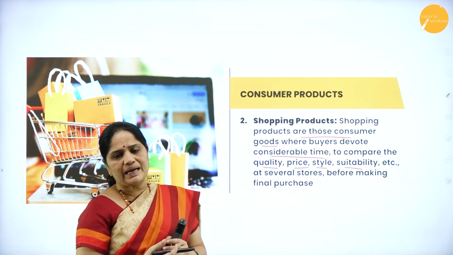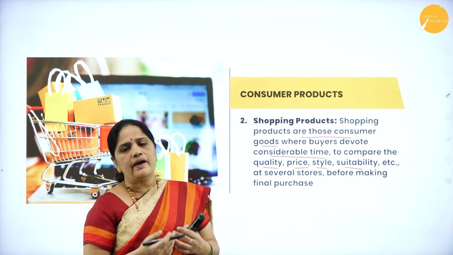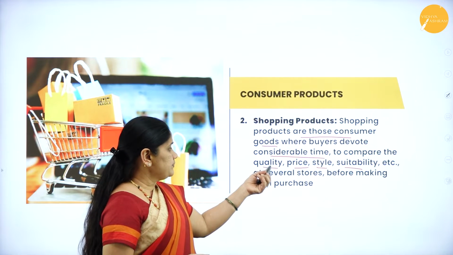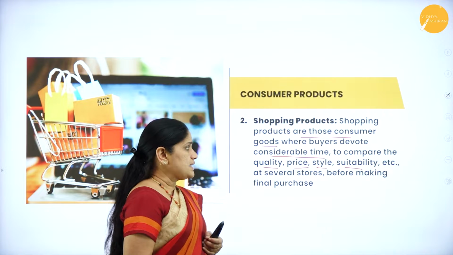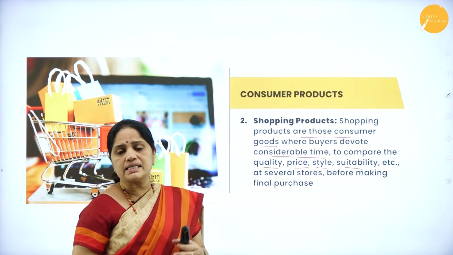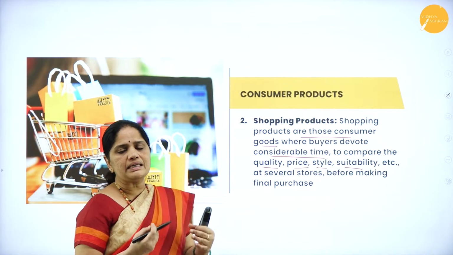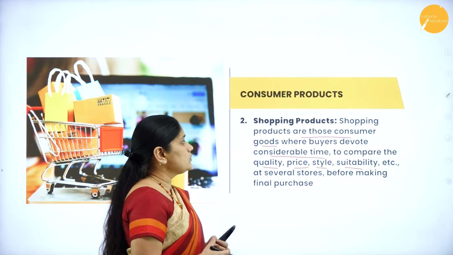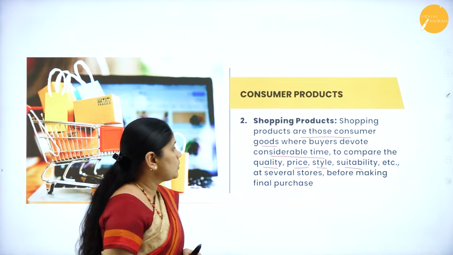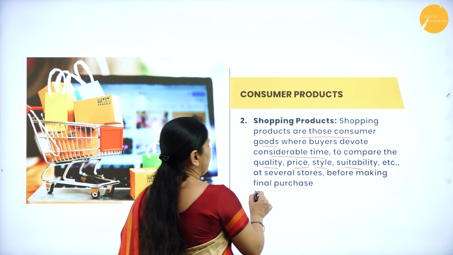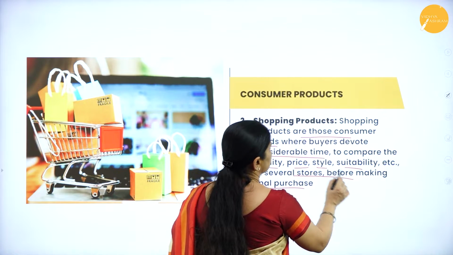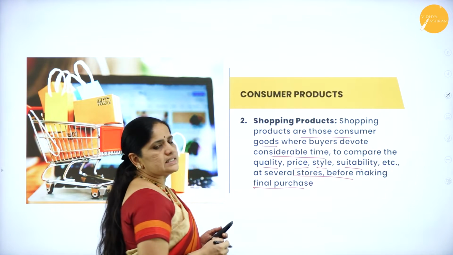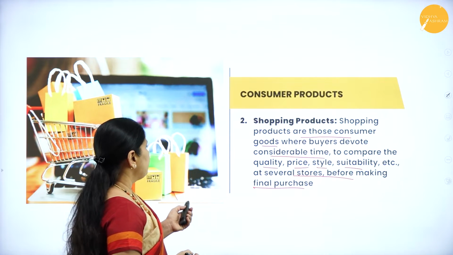Suppose he is going to buy a sari or a dress material, then he will look into the quality of the dress, the price, the style, and how suitable the dress appears on him. All these things go into deciding about shopping products, and before making the final purchase, he will have to think of all this.